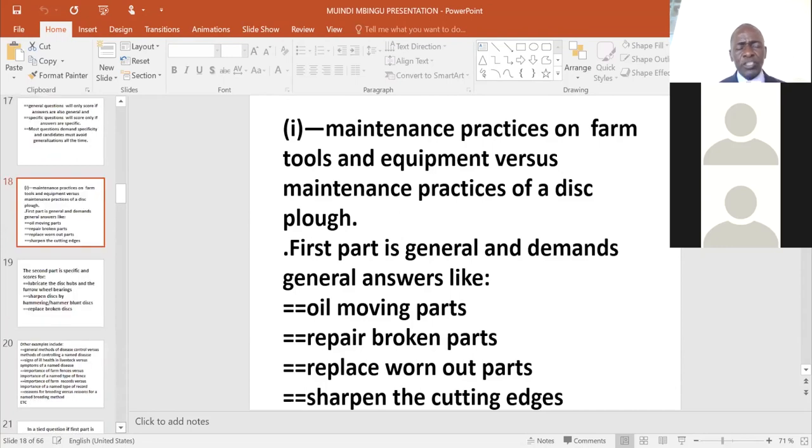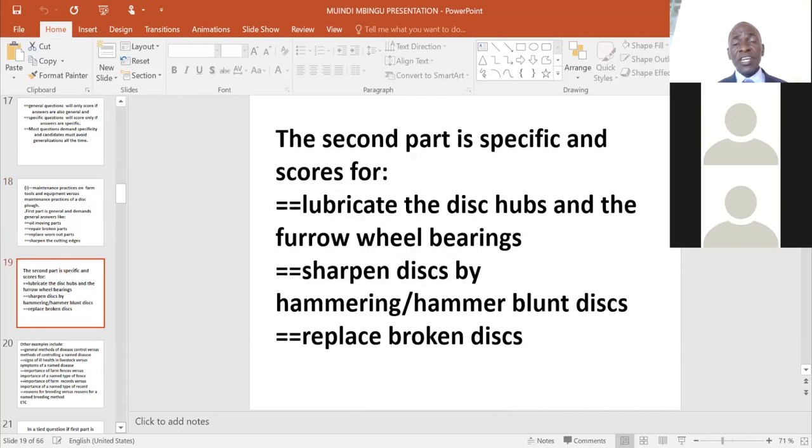On the other hand, the second question, where we said outline maintenance practices of a disc plow. Because the disc plow is mentioned, we go specific in writing our responses. Lubricate. And now we are not saying the moving parts, we are saying lubricate the disc hubs and the furrow wheel bearings.